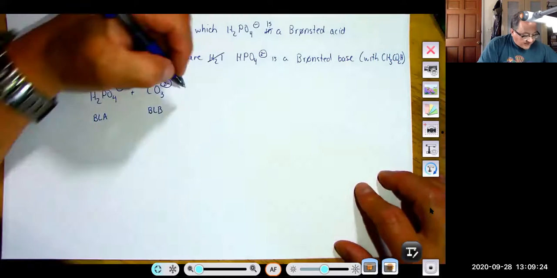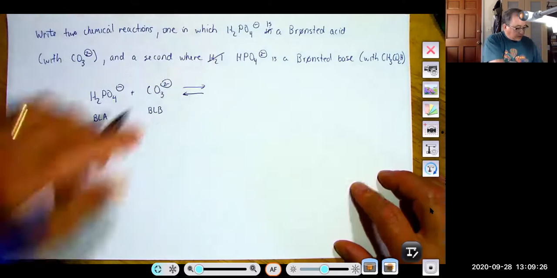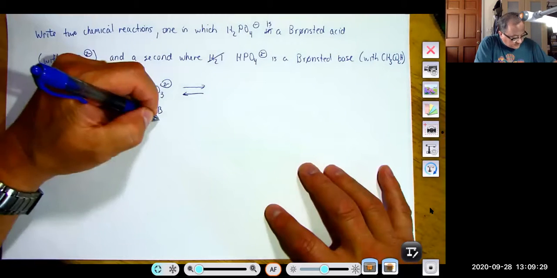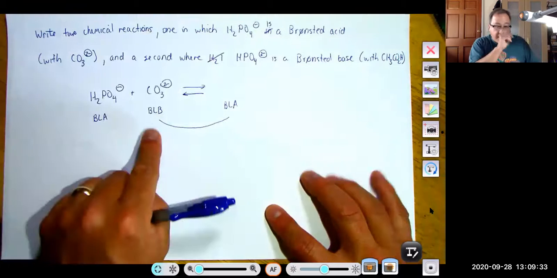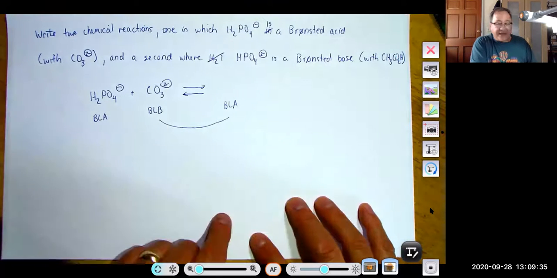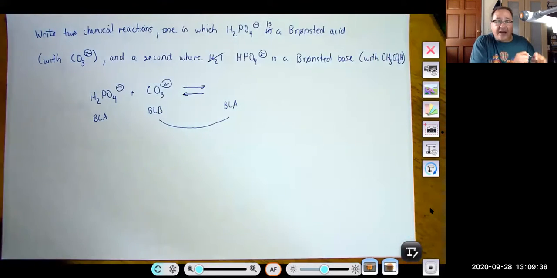So how do we write the reaction? So I want to draw the pair. So what's the Bronsted-Lowry acid of this guy? And the answer is, I'm going to add a hydrogen to it.